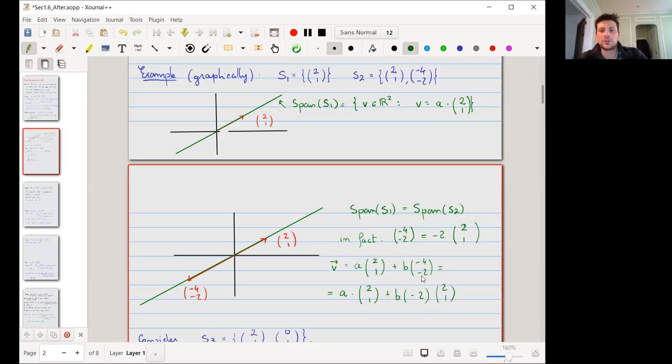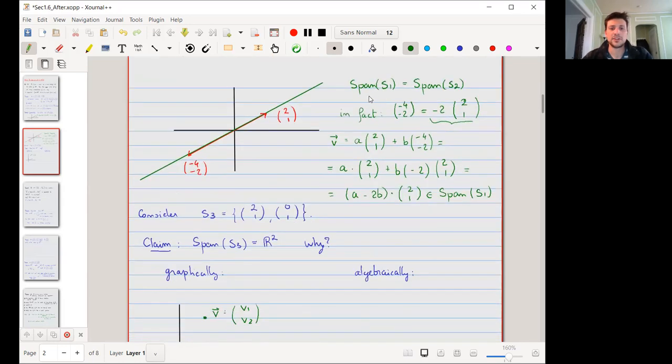By substituting (-4, -2) in this expression, all I get is, by factoring out, (a - 2b) times (2, 1). And that is an element of the span of the set S1 that only contains the vector (2, 1). In other words, the two spans of these two sets of vectors are the same, despite one containing one vector and the other containing two.